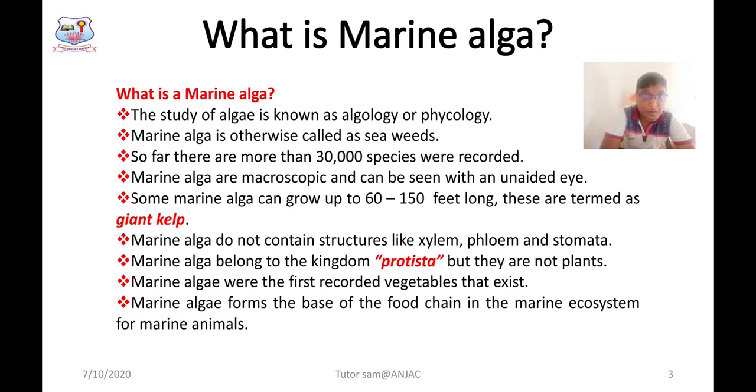See, in the evolution, marine algae were the first recorded vegetables, and marine algae forms the base of the food chain in the marine ecosystem. They are the base of food chain.